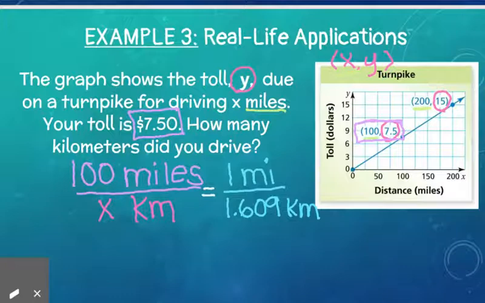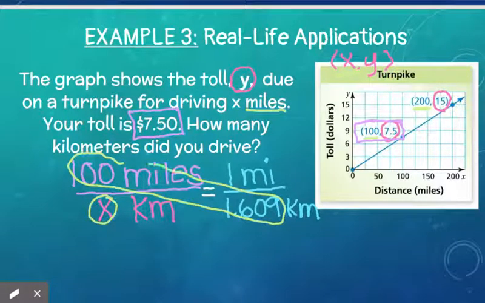So now we have two ratios that are set equal to each other. This is a proportion, and because they're set equal to each other, we can solve for this variable right here, which is x. The way that we can do that is by doing cross multiplication. So we can multiply 100 times 1.609. I'm going to do that mentally just by sliding my decimal. If I'm doing 100, I'm just going to slide this over 2. So that gives me 160.9.